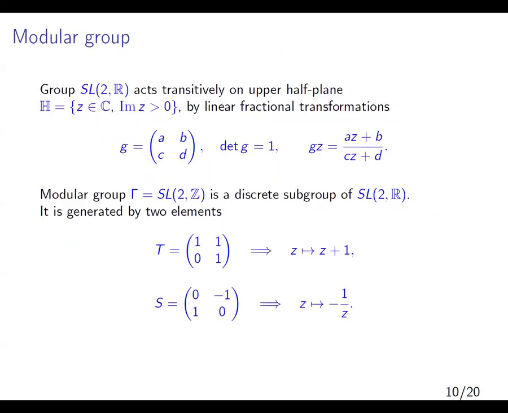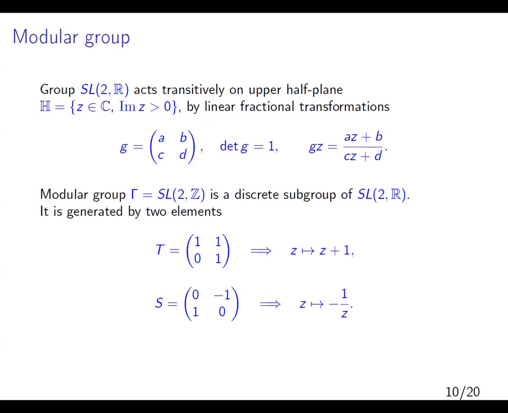And now I remind or explain some basic things about modular forms. It's a story about non-Euclidean geometry realized on the upper half plane, the so-called Poincaré half plane.